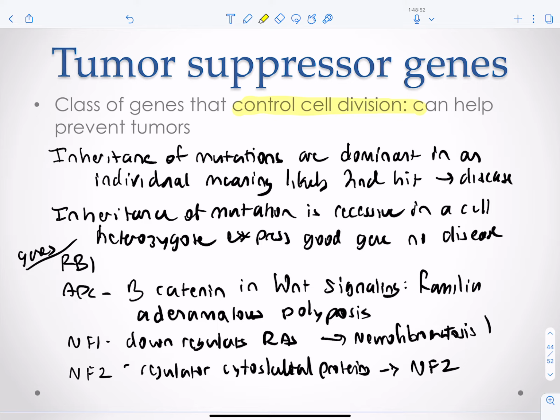RAS is, of course, a proto-oncogene because if RAS is on, it leads to growth. And so your neurofibromatosis will control that. And if you lose neurofibromatosis genes, then you're going to lose the ability to control RAS if RAS gets mutated. Neurofibromatosis 2 is going to regulate cytoskeleton proteins.